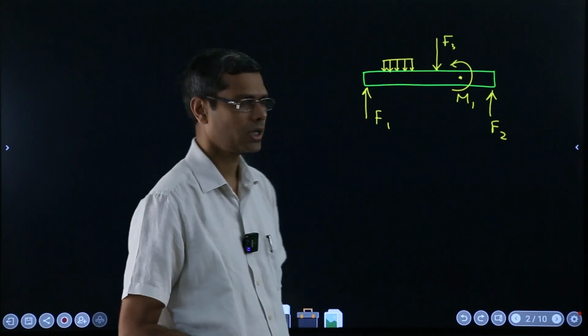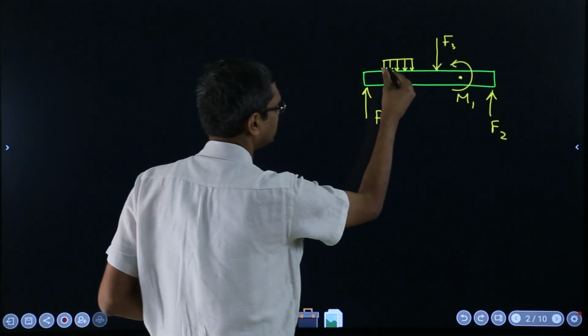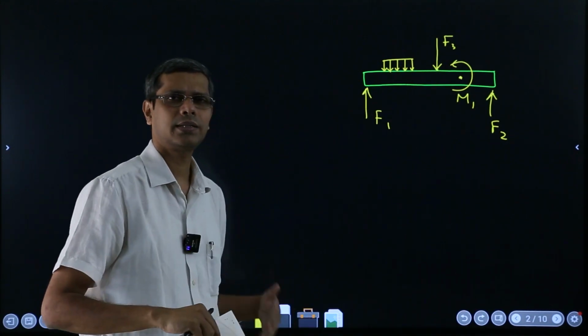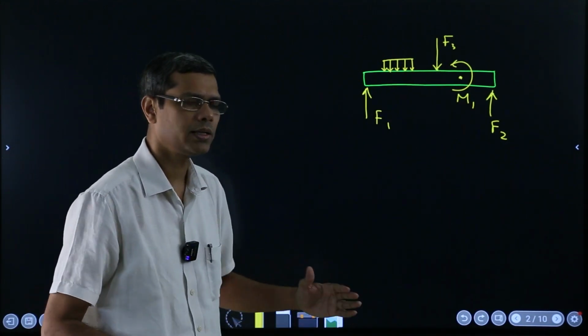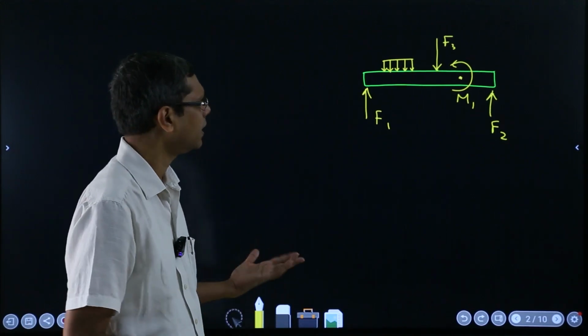extent of the beam. These are very common, and I have shown a continuous and uniform load here. We will see later that there can be even cases where continuously linearly varying forces may come, and so on.